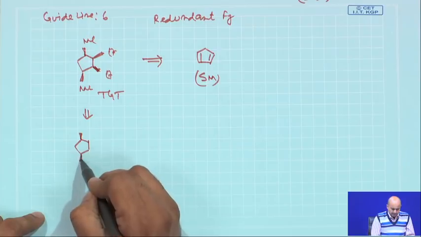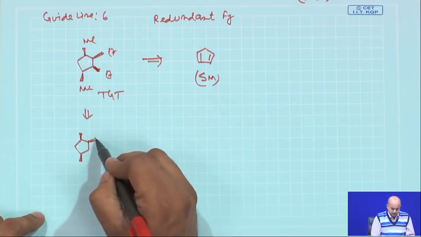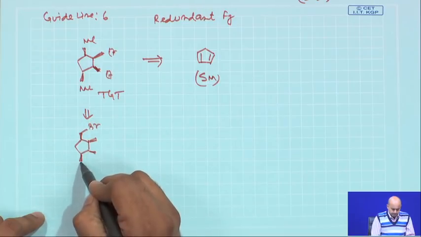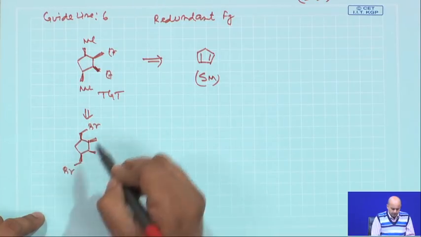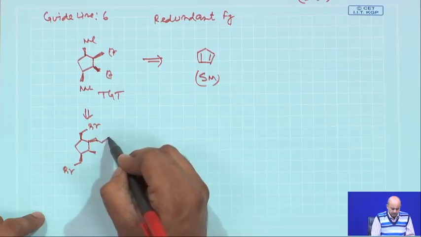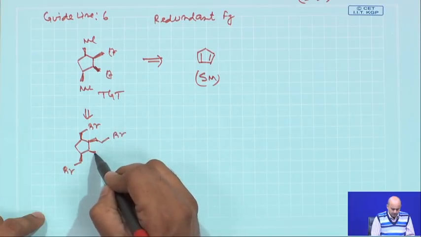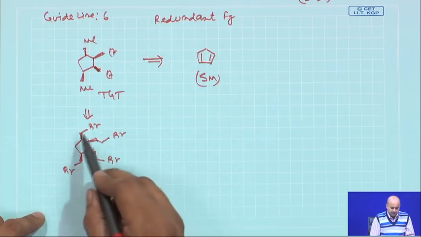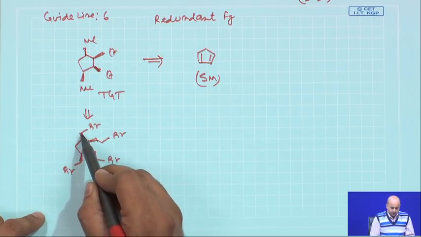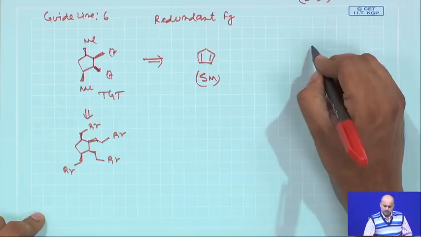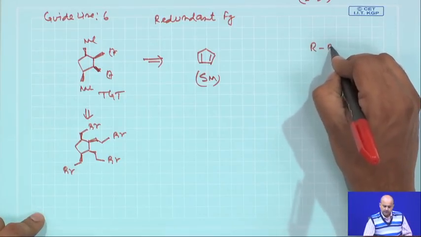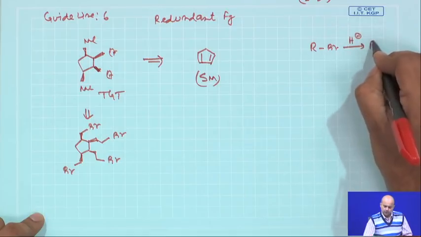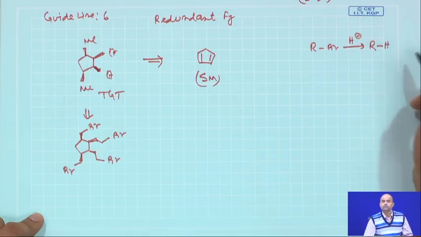We say that probably if you have something like this, where all the groups are CH2Br, CH2Br, so basically we are trying to have a tetrabromo compound. This bromo compound can be selectively reduced by a hydride source to the corresponding hydrocarbon.